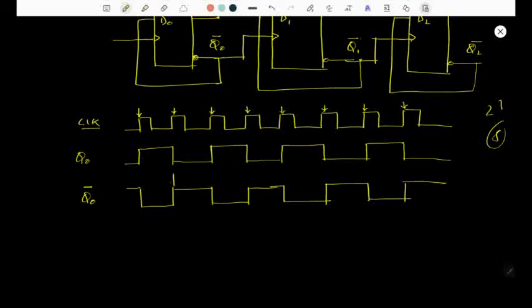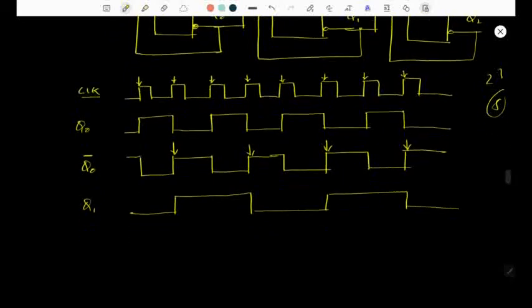So this is the positive edge, this is the positive edge, this is the positive edge, and this is the positive edge. At these points we will get Q1 as the output. It was reset, it will become set at this point. Again it will become reset at this point. So this is how we are getting Q1.